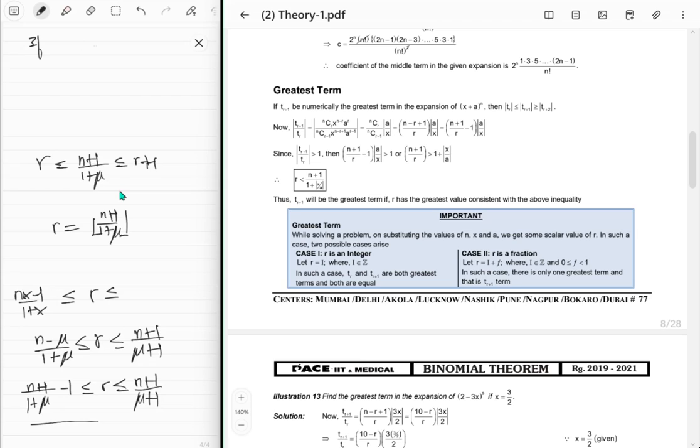So if, just call it a, is equal to n plus 1 upon 1 plus mu, where mu is first upon second, if a is an integer, then all of these r's would actually work.